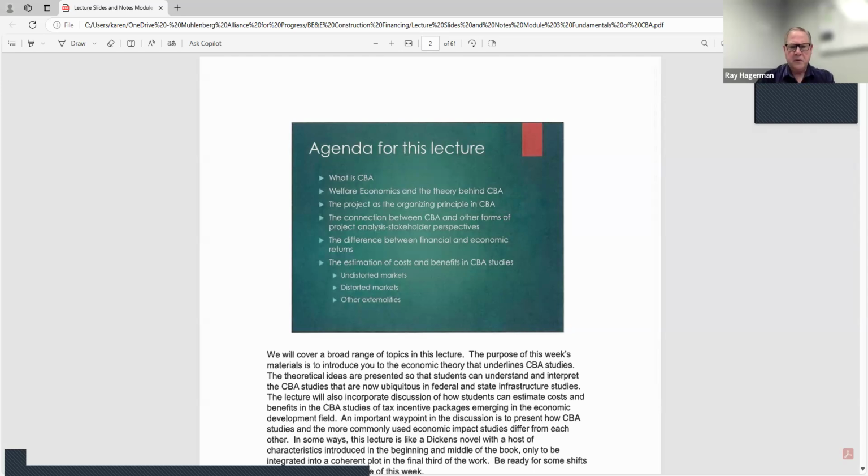But note that really what we're trying to do is make that transition, that analogy of doing it for Corps of Engineers type projects to how you will be doing projects like this in economic development. Primarily, a lot of your CBAs are going to be: what do we do for a potential deal, a potential project in our community, and how do we evaluate that if we do offer them an incentive package?